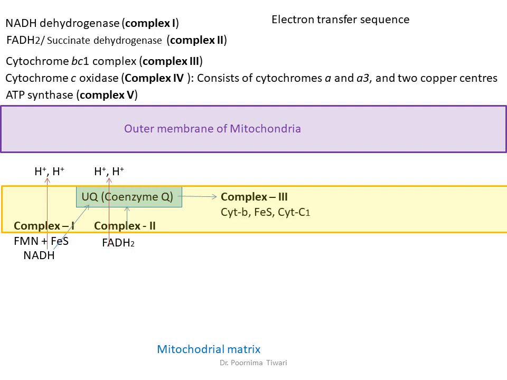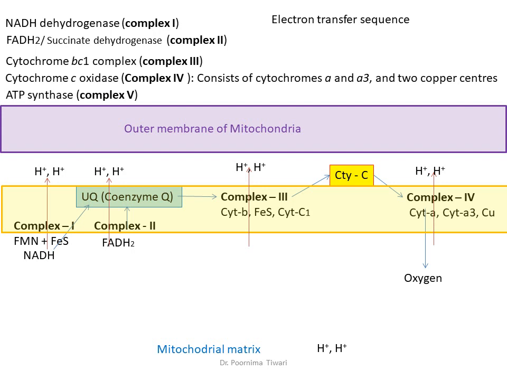Ubiquinone gives to complex 3, from which H ions again go out, and which gives to cytochrome C. Cytochrome C finally gives electrons to complex 4 which gives the electrons to oxygen. H ions also go out again. Oxygen takes electrons as well as protons from the matrix, forms water and water moves out.